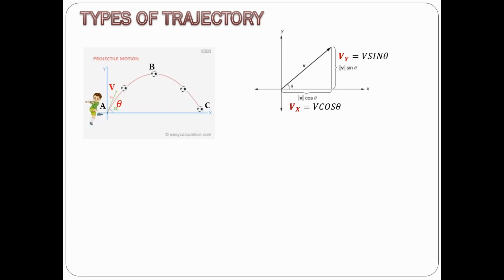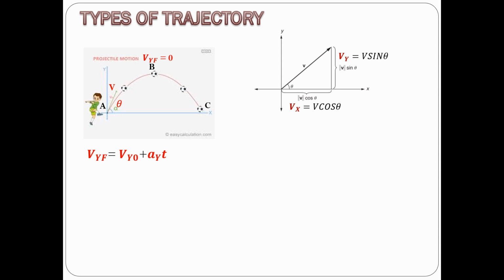To derive that equation, we need to start with this: vyf is equal to vy0 plus ayt. At position B, vy is equal to 0. So point B is the final position and A is the initial position. So vy final is 0.